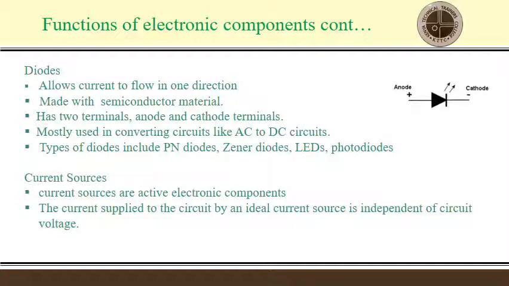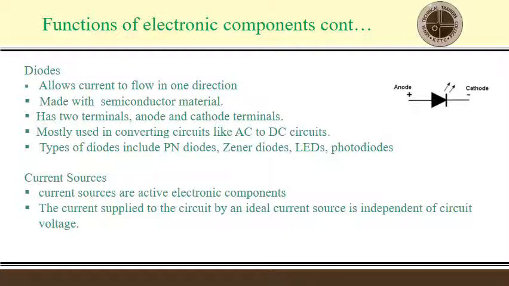Diodes are mostly used in converting circuits, for example when converting AC to DC. There are many types of diodes, and they include PN diodes, Zener diodes, LEDs, and photodiodes. We have not really gone into the details of the types of diodes, but hopefully we can do that in another session.